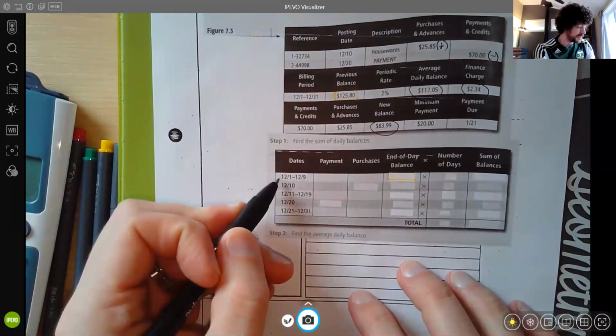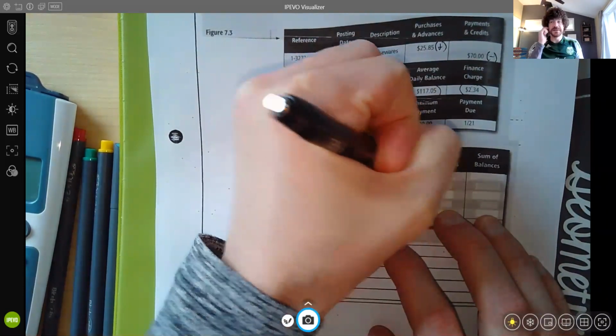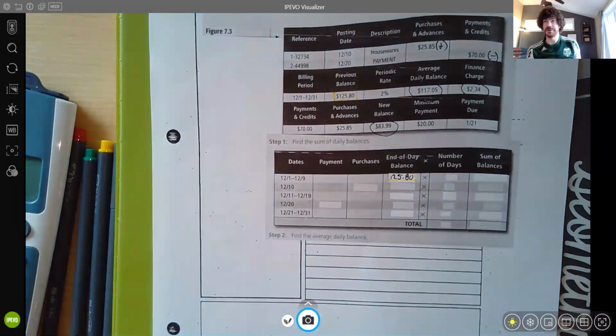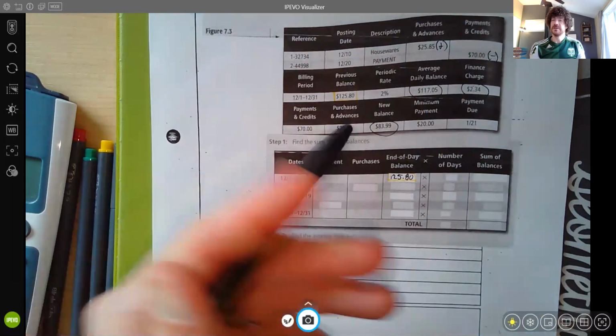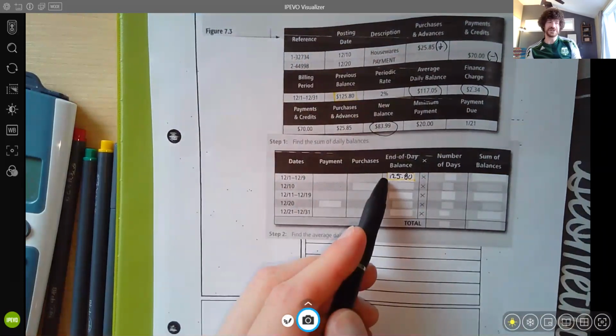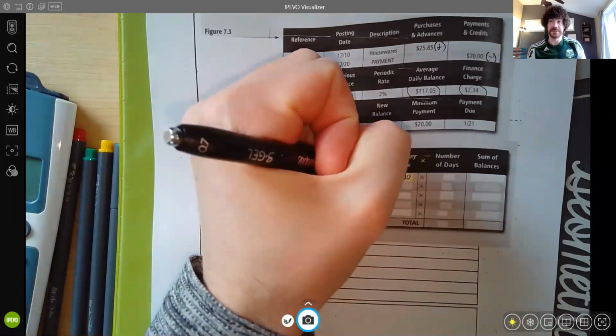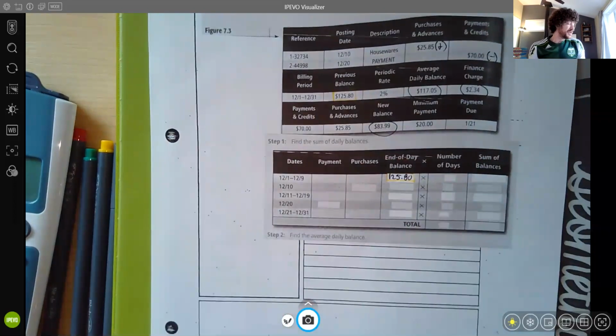So on December 1st, there was a balance of 125.80. On December 2nd, there is a balance of 125.80, and the 3rd and the 4th and the 5th, because no payments were made and no purchases were made. So I'm hoping that kind of makes sense. Like that's basically how much is owed on the account, and if no action happens, if nothing is bought or paid off, then that amount isn't going to change until something happens.